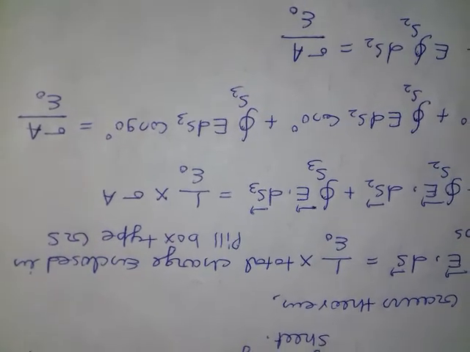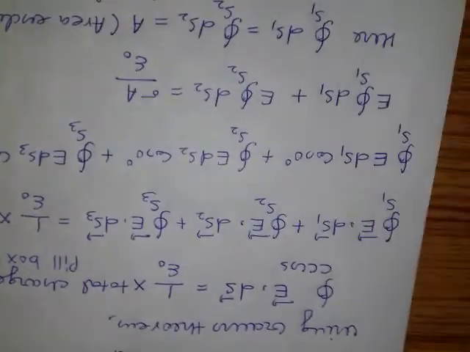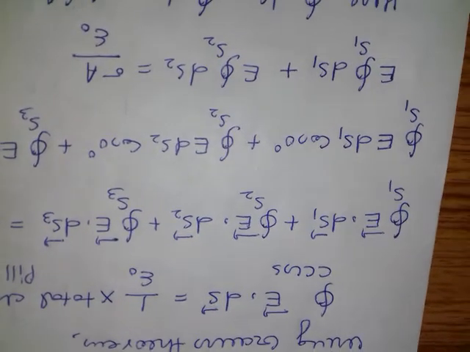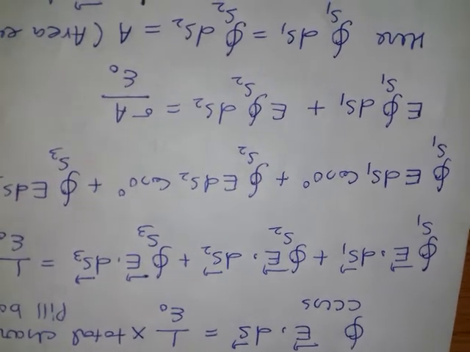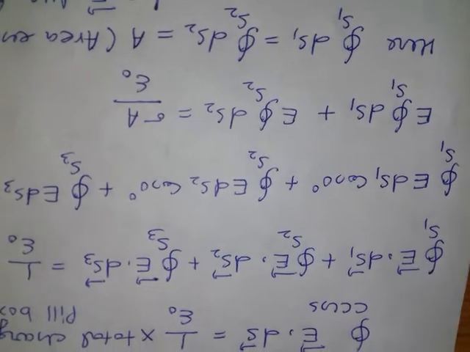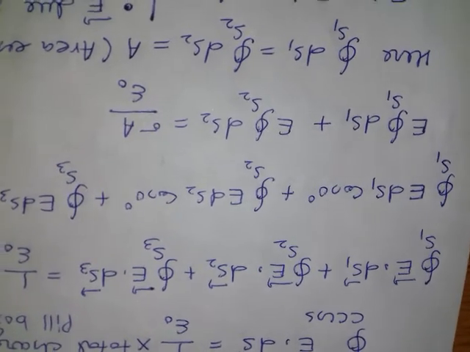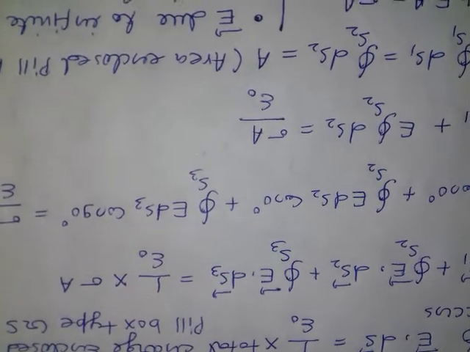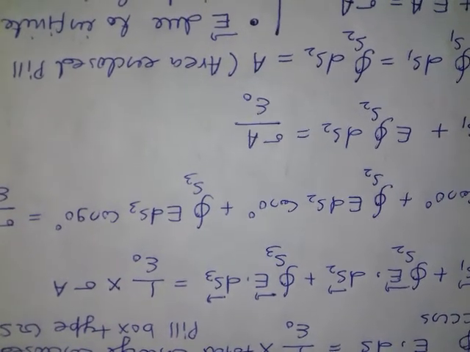This surface breaks into three parts. Only the circular ends will contribute to the flux: E ds1 cos 0 plus E ds2 cos 0 plus E ds3 cos 90. So cos 90 would be 0.